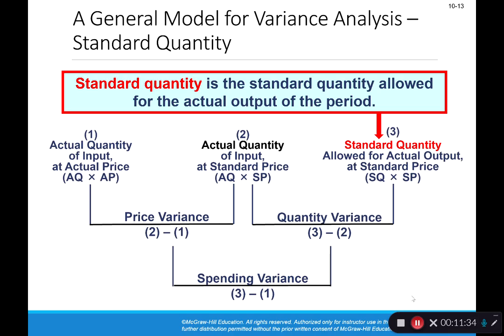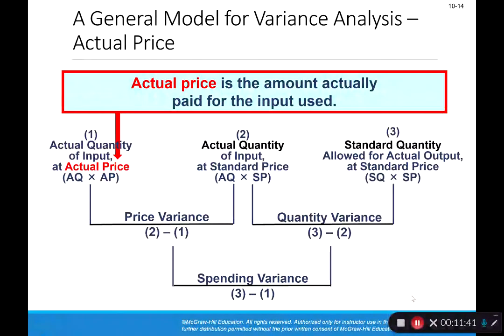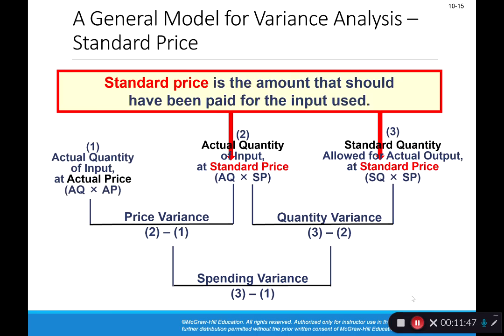Remember that column 3 is supposed to represent the flexible budget, which is based on actual activity. The actual price is the actual amount that we paid for the input that we used, versus the standard price, which is the budgeted amount that we believed we would pay per unit of the input that we used.